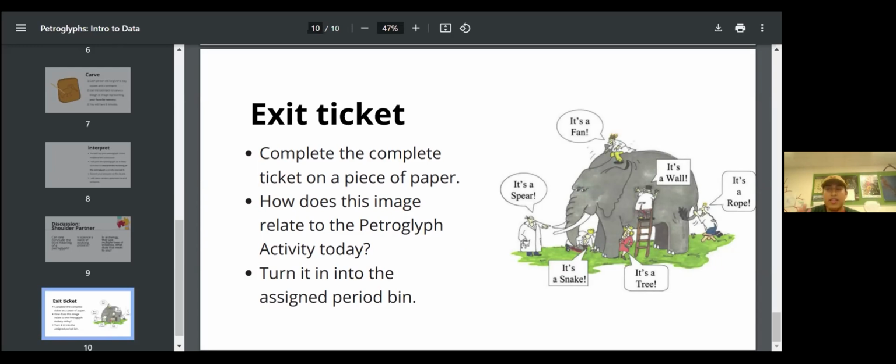And I think the lessons were successful because looking back on the exit tickets, most of them said we need multiple perspectives, like each person relates to the information differently. And I think that's a really good activity for the first day because it shows that each of us brings our own unique perspective to the classroom.